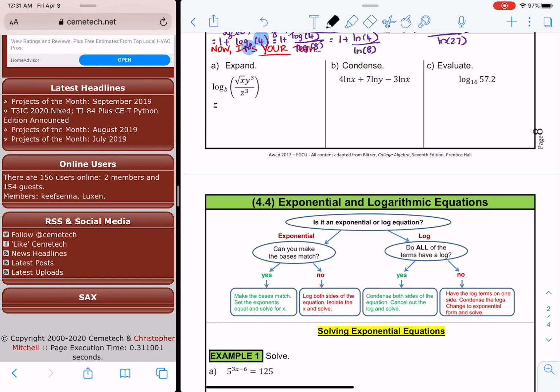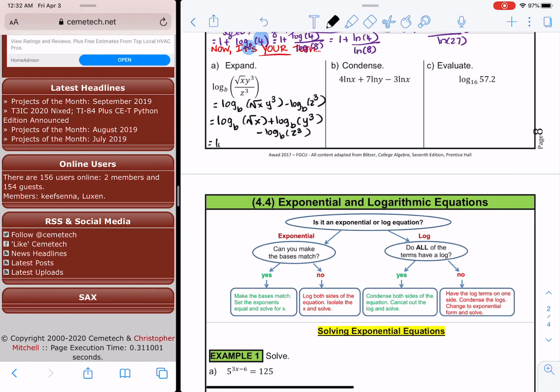So the first one we have to expand, so log base b of square root of x times y cubed, minus log base b of z cubed. There is a product in the first term, so I could write it as log base b of square root of x plus log base b of y cubed minus log base b of z cubed.